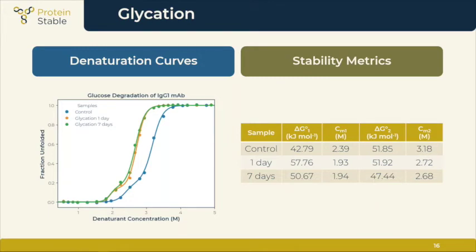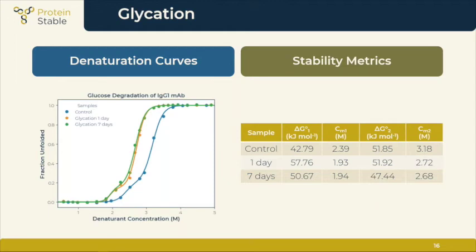The CM values back this up. We can see there's a decrease in the CM values after glycation. Interesting to note that there's not much change between the 1 day and the 7 day glycation example. So we can say from this that the glycation process was shortly over after 1 day.